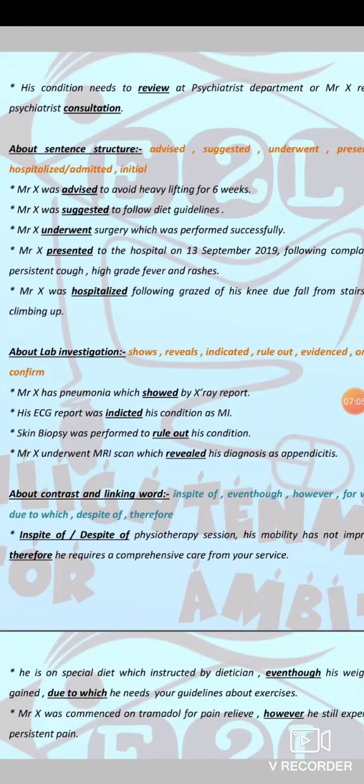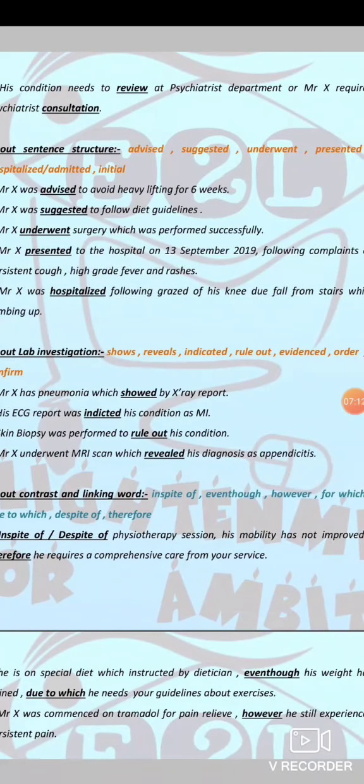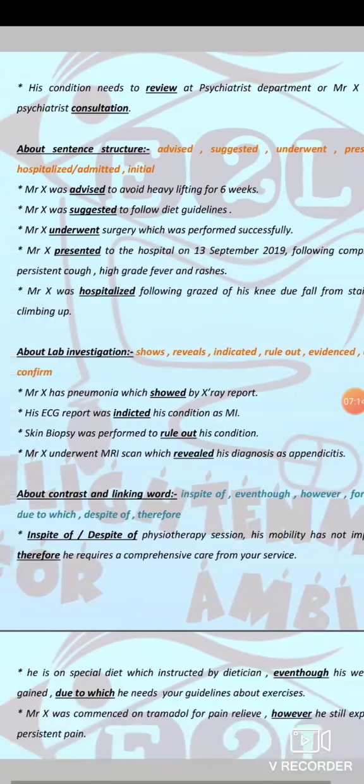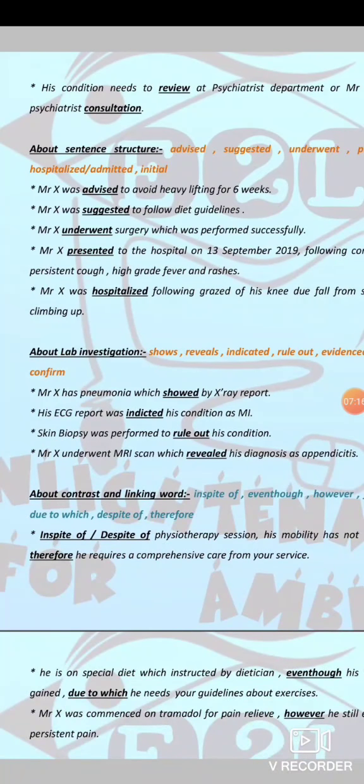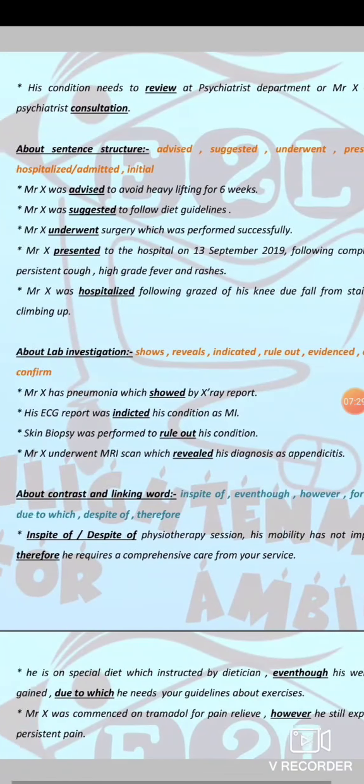Now we'll move on with linking words and contrast. In spite of physiotherapy sessions, his mobility has not improved. Therefore, he requires comprehensive care from your service. So this sentence is called a complex sentence.